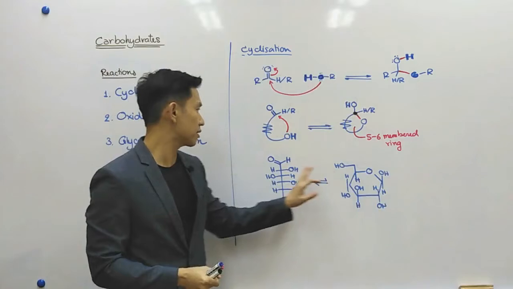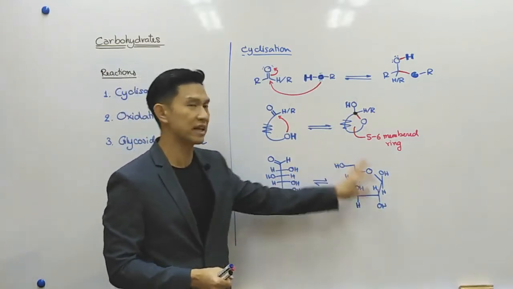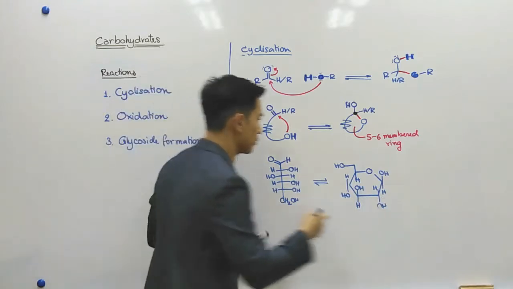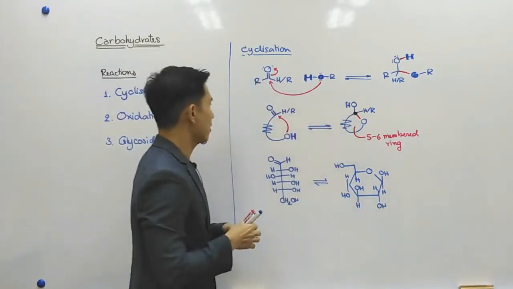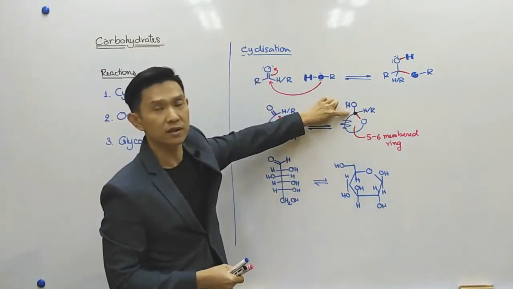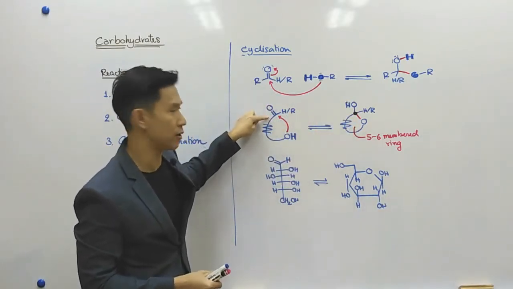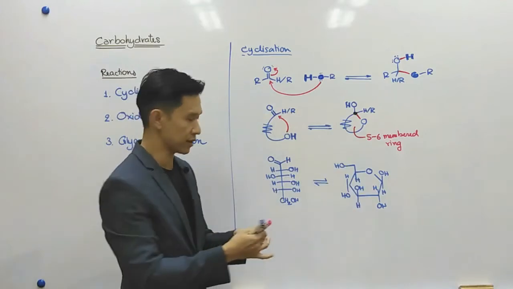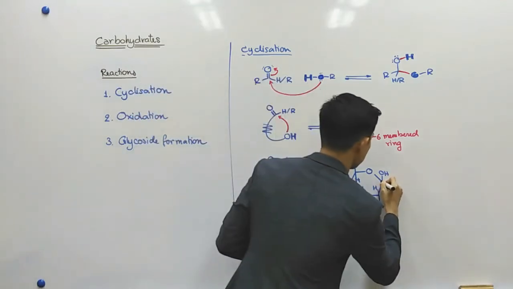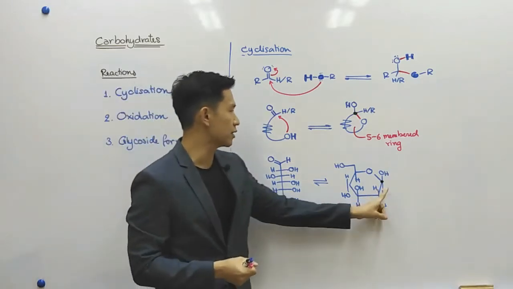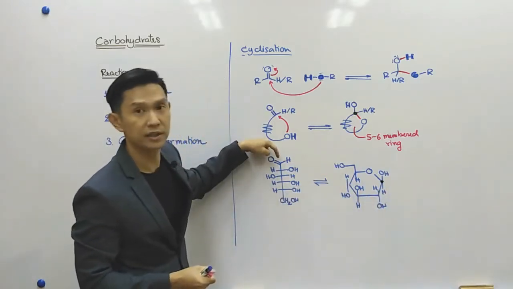So how does the structure of this one relate to this one? First of all, as I said, the carbon here containing 2 oxygen atoms previously appeared as a double bond. And as you can see from the structure over here, this carbon contains 2 O. So that means this carbon previously appeared as the carbonyl.